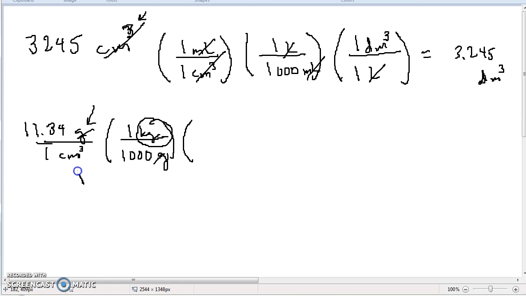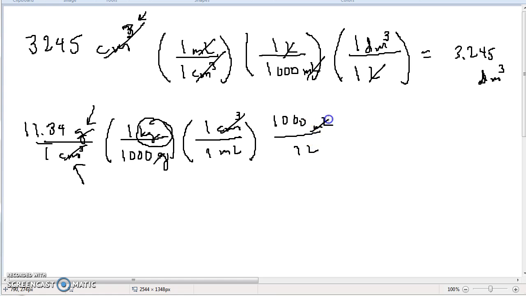Now I'm going to work on the bottom here, cubic centimeters. It says that 1 cubic centimeter is 1 milliliter. So cubic centimeters, we can cross that out. It also says that 1,000 milliliters is 1 liter. Okay, so we can cross that out. It also says that 1 liter is 1 cubic decimeter.